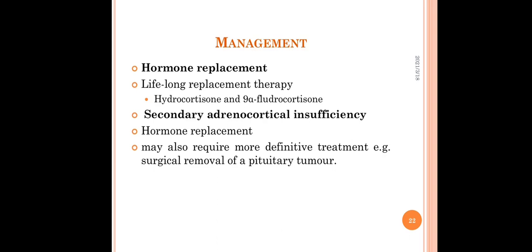Now we are going to talk about the management of the patient with adrenal insufficiency, mainly by hormonal replacement. This is either lifelong replacement, or hormonal replacement that requires other treatment.